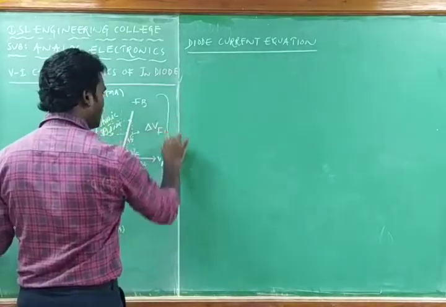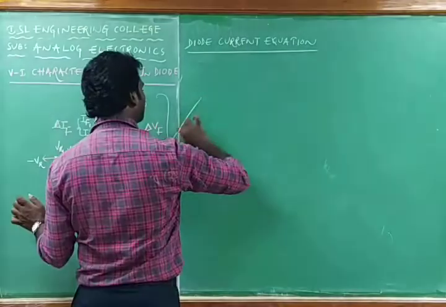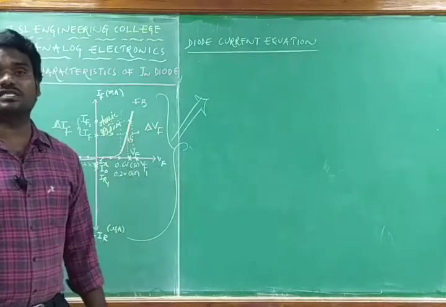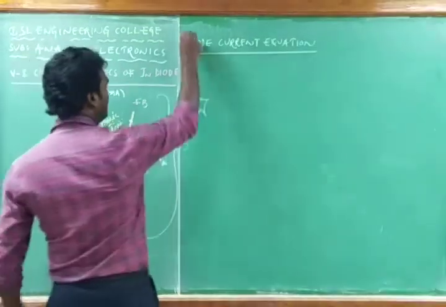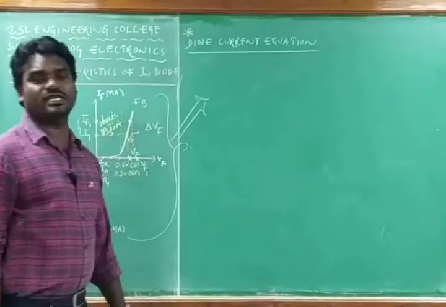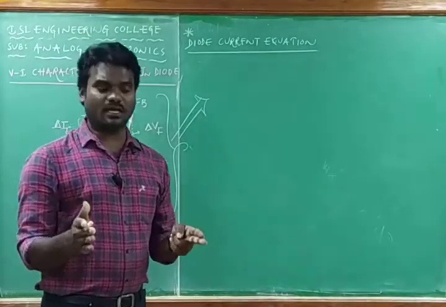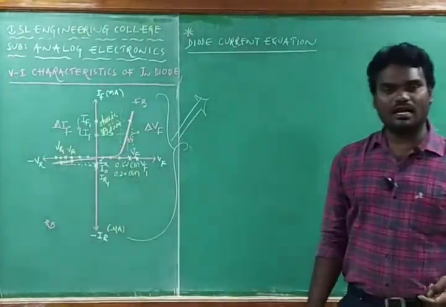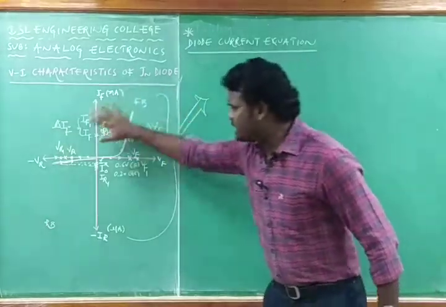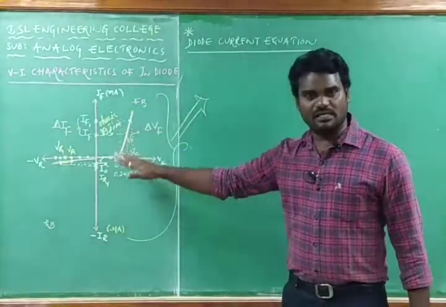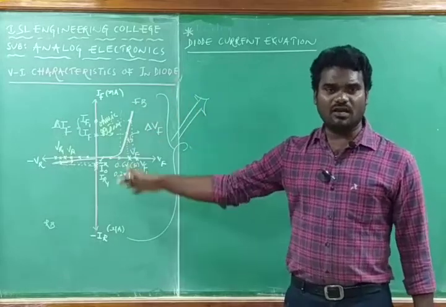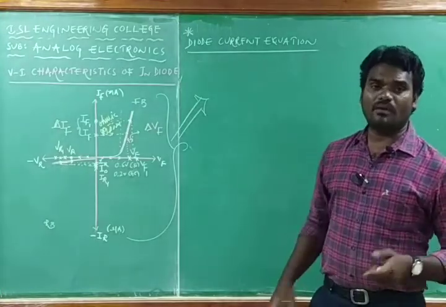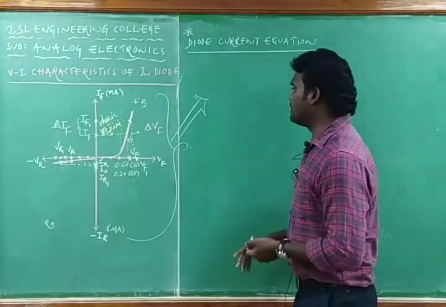If you represent the complete VI characteristics of PN junction diode as a mathematical equation, that equation is named the diode current equation. Whatever we have studied in the complete VI characteristics, as theory, as operation, and the calculation of resistances, all of it we are representing in one mathematical expression.